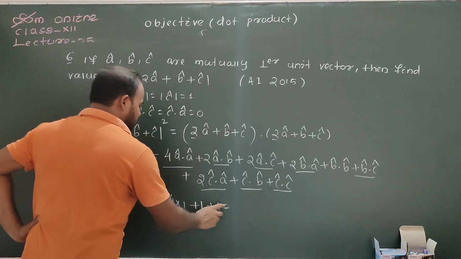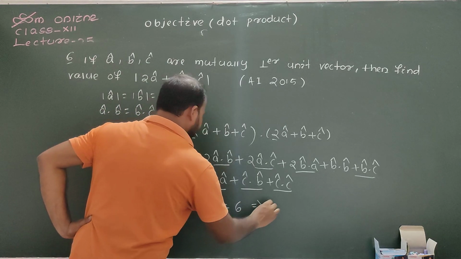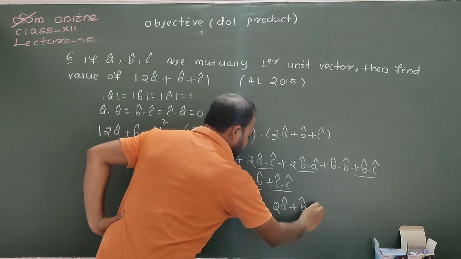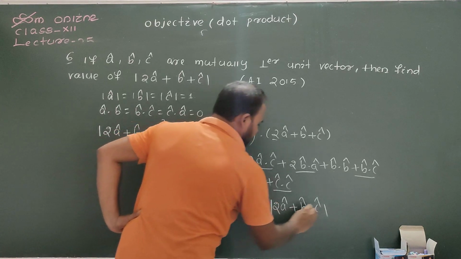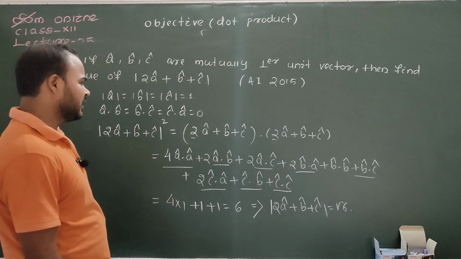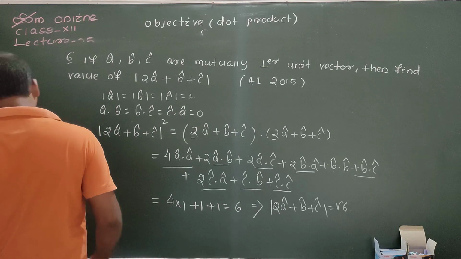So it equals 4 plus 1 plus 1, that is 6. This implies the magnitude of 2a cap plus b cap plus c cap equals root 6. This is the answer. Now move to question number 7.